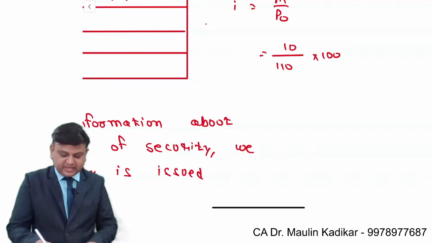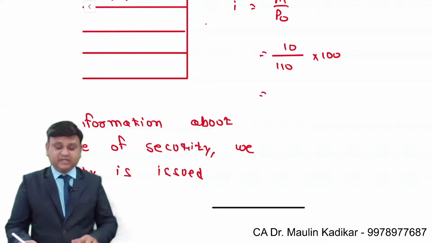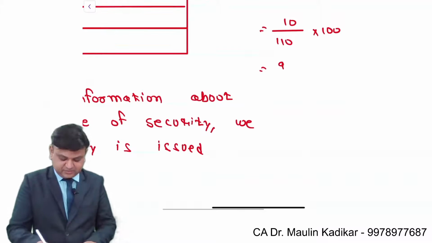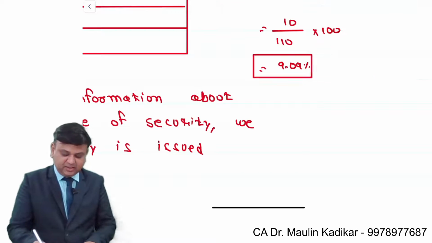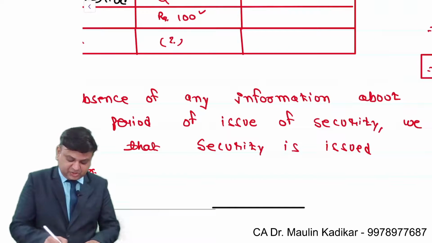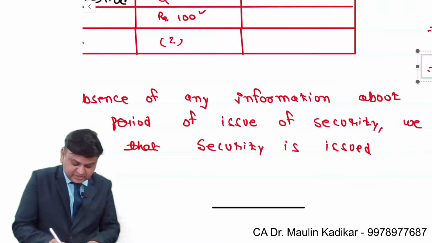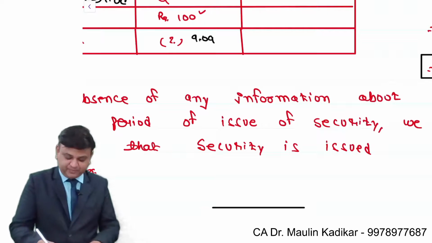Into 100 for getting answer in percentage term. So what will happen? 10 divided by 110 into 100. That comes to 9.09 percentage. It means that the current return of the security is 9.09 percentage, and this return, which is 9.09, has increased by 1 percentage. So it has increased to 10.09 percentage.